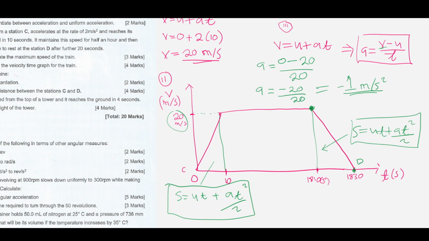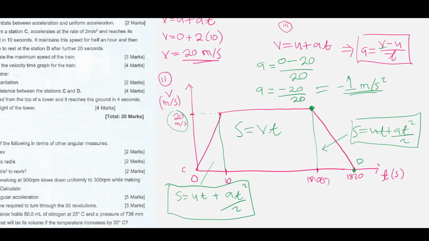For this part, we'll just use the equation for distance under constant velocity, which is this one here, because the acceleration is 0 but it's moving with a constant velocity.